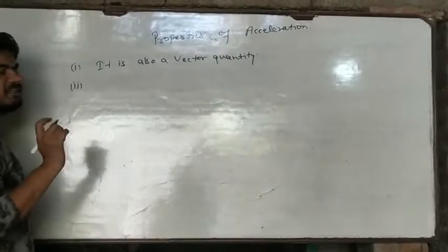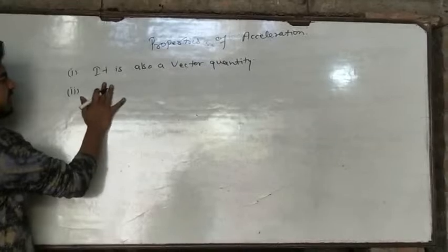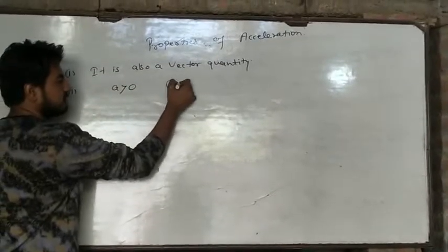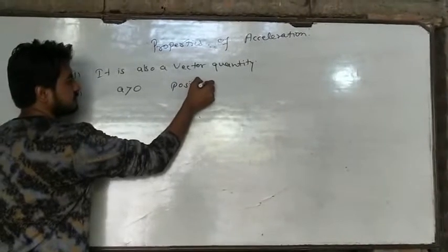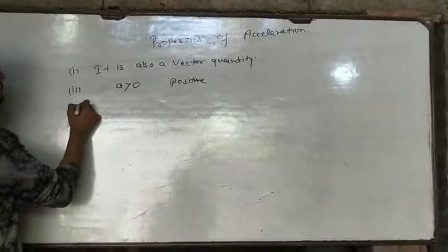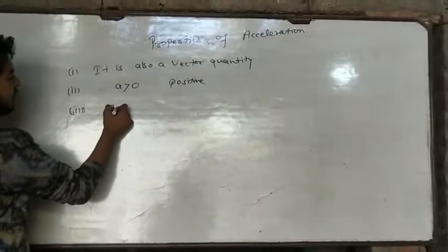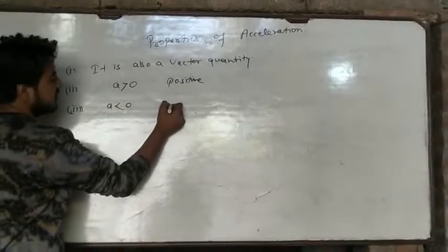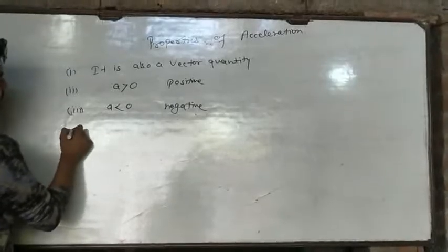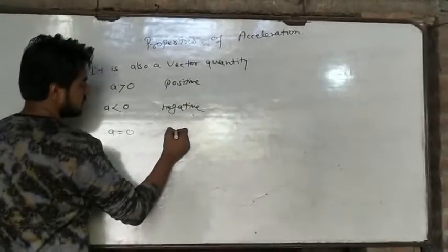So conditions: acceleration a is greater than 0, positive. Third, a less than 0 means negative. Fourth, a is equal to 0.